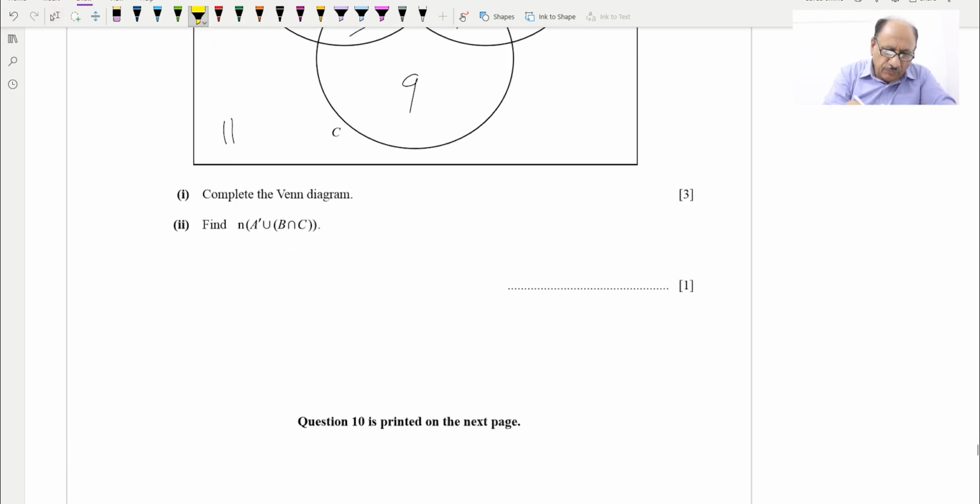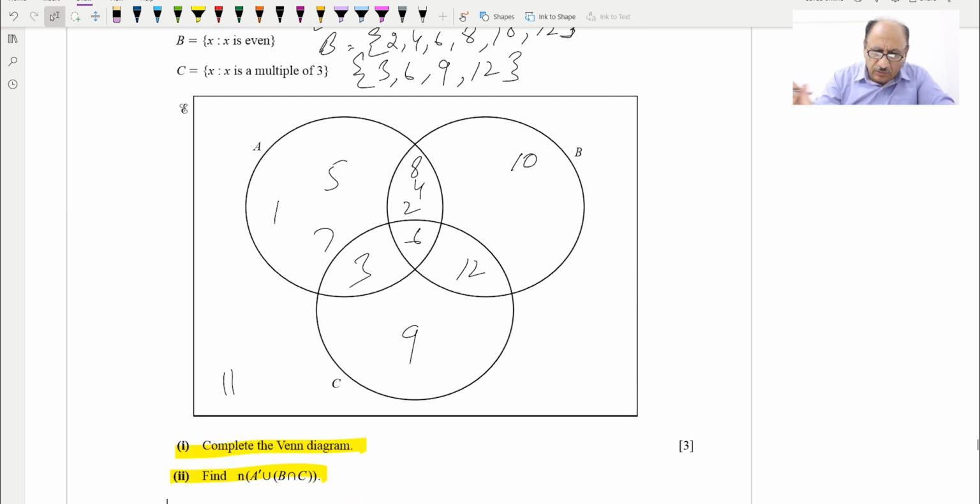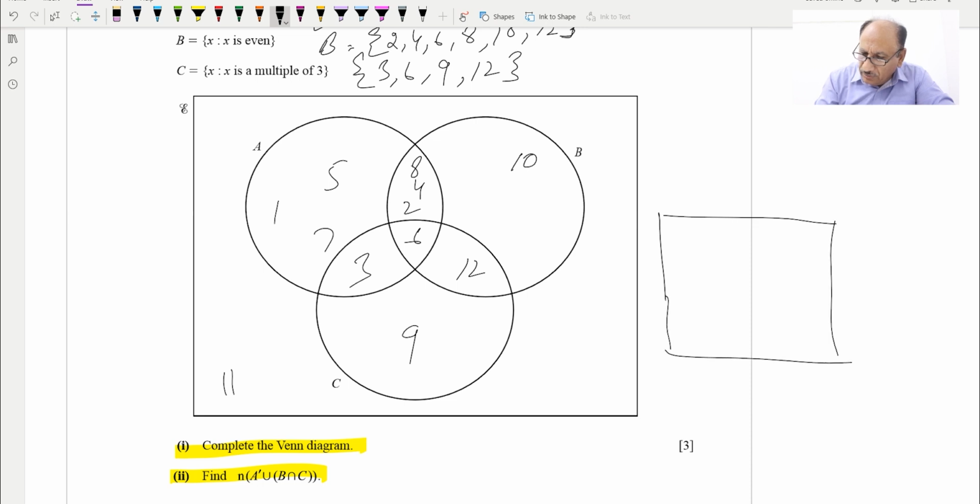Next part, we have completed the Venn diagram. Then they are saying we have to show n of A complement. So first of all, we will understand what A complement is. To show A complement, we have A, B and C. A complement will be the outer region, the part not containing A, and the rest of everything will be included in this.